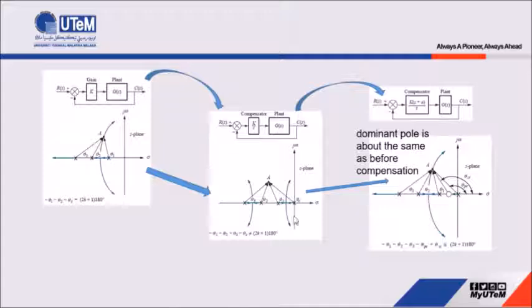We can get this root locus by using the rules that you have learned in the previous lecture. When the root locus for the system changes, the performance of the system in terms of transient response also changes. So in order to maintain that transient response performance, we have to add another zero here that is close to this pole, where when K is increased, this pole and zero will cancel each other.